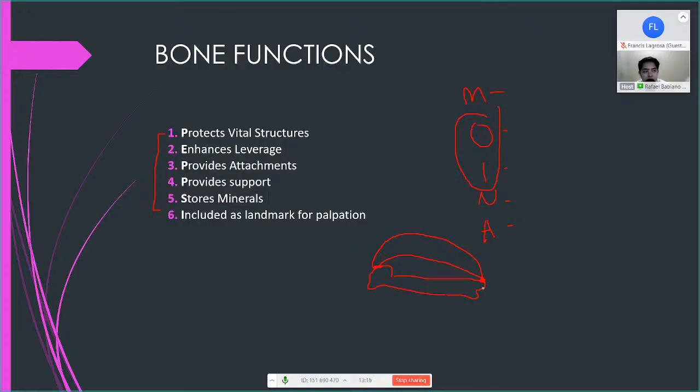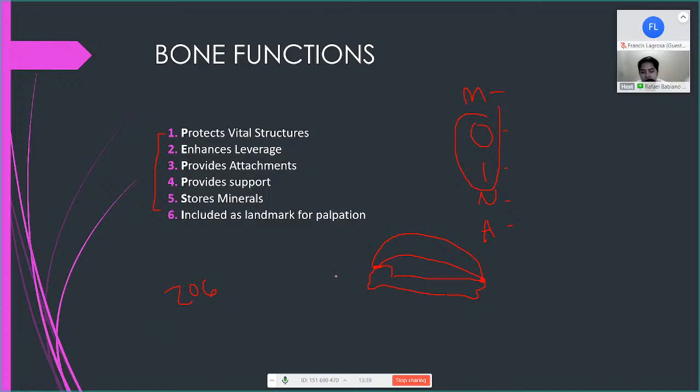In this subject, you won't necessarily have to memorize all the parts of the bones, only the names of the bones. There are 206 bones. So at the end of this topic, you can memorize all the 206 bones, or if you cannot memorize them, at least you know all the 206 bones.